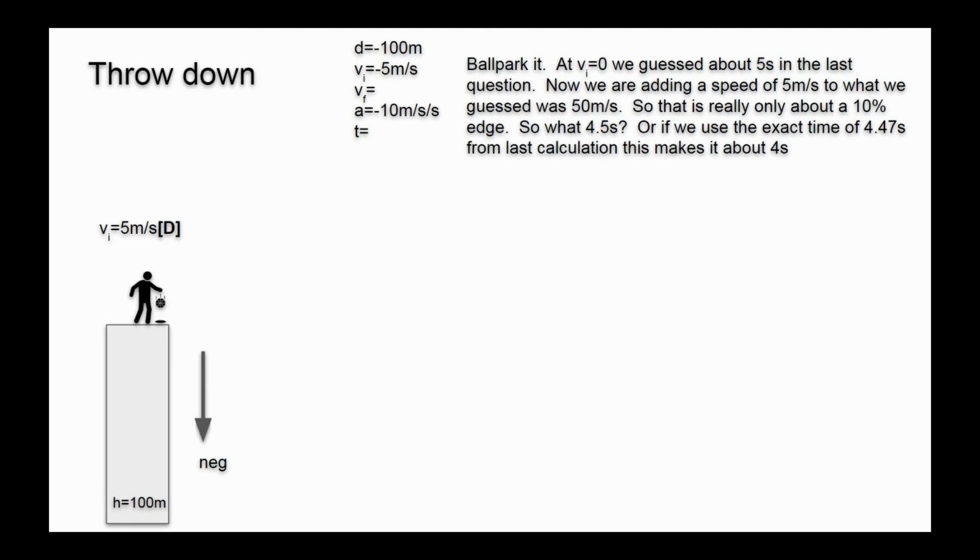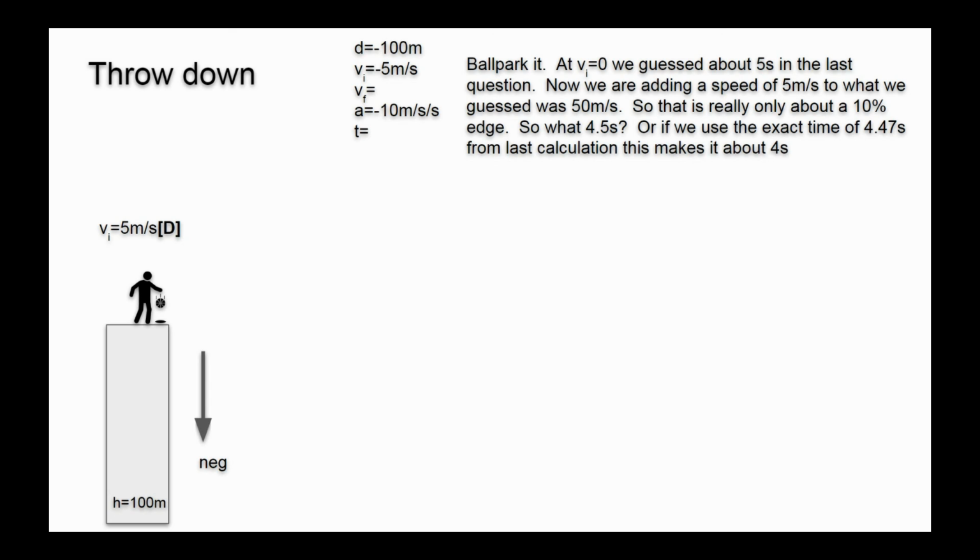So what's 5 compared to 50? It's about 10%, so it's running about 10% faster. We guessed about 5 seconds last time, so taking off 10% of that is 4.5. If we go to 4.47, the exact amount, and we subtract 10%, it pretty much brings us to 4 seconds.